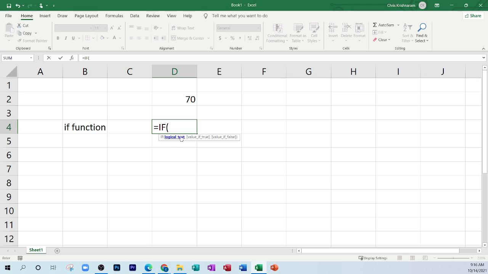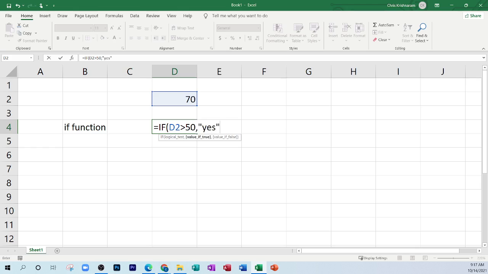Remember, the bottom here always shows you the syntax if you ever forget. So the test is first. We want to test if this cell is, let's see, greater than 50. Is it greater than 50?